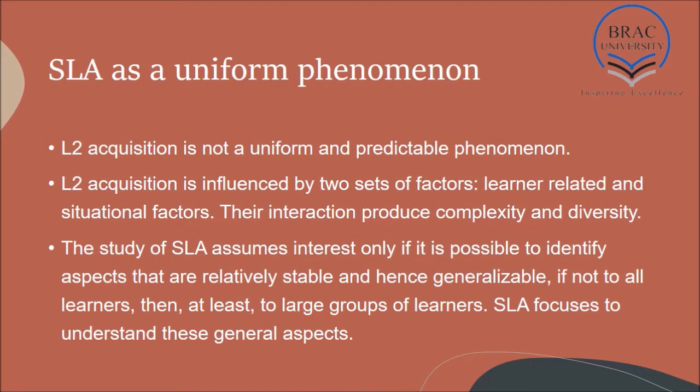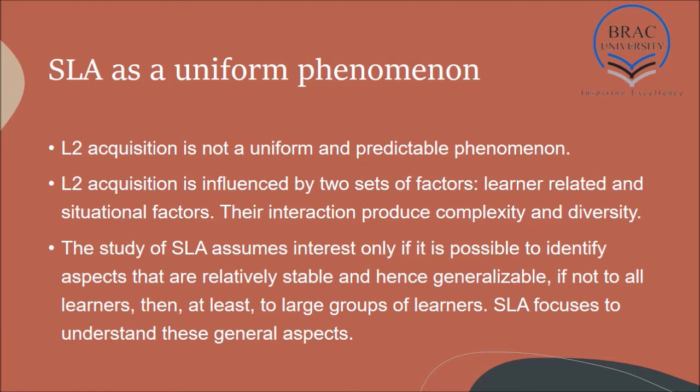The process of acquiring a second language is not uniform. Hence, second language acquisition is not a uniform phenomenon. It is also unpredictable because different learners acquire a second language differently.